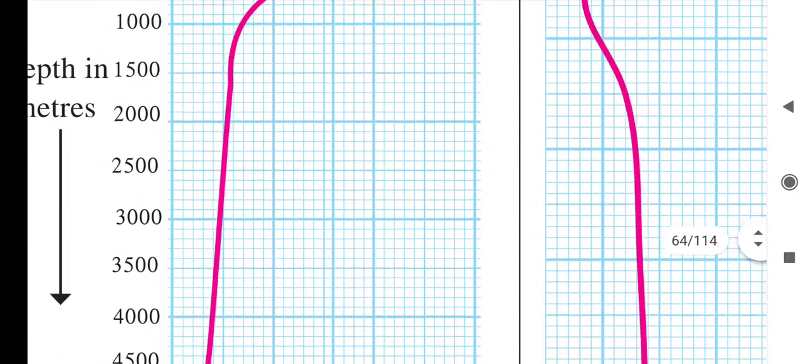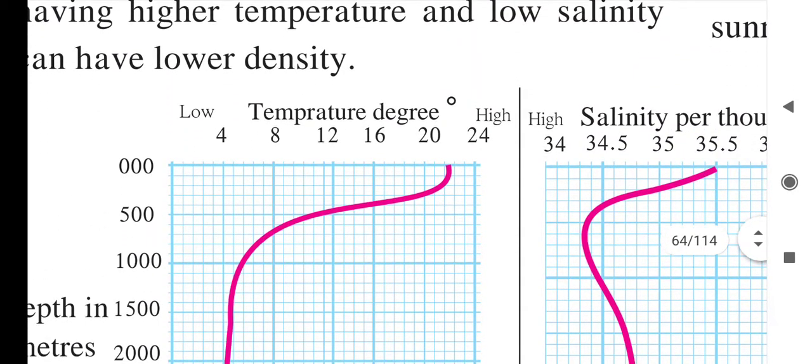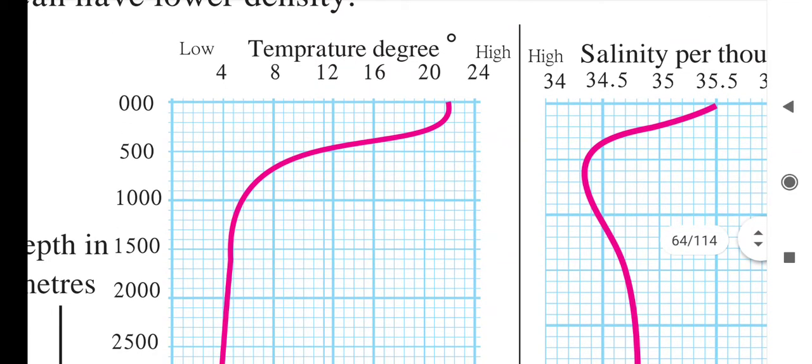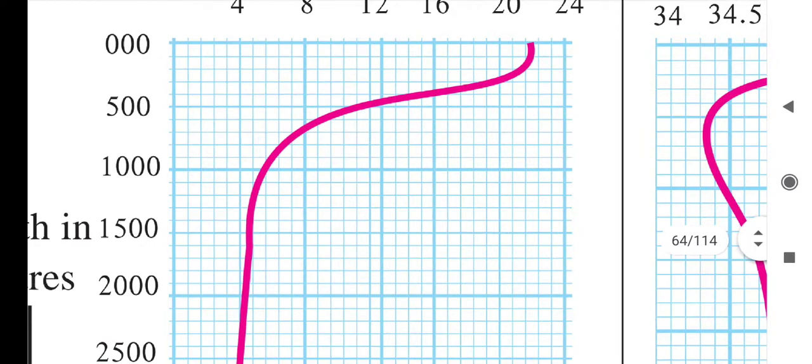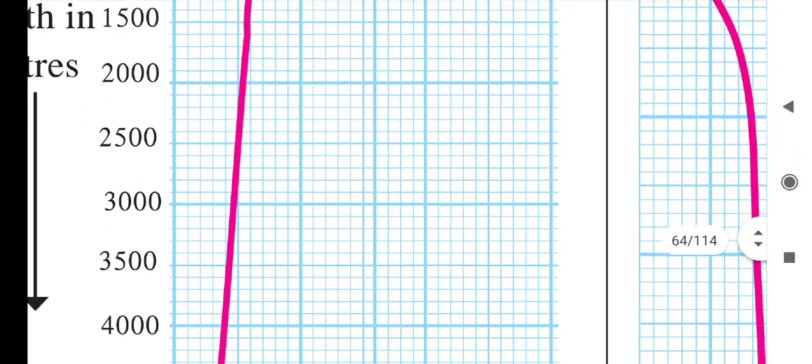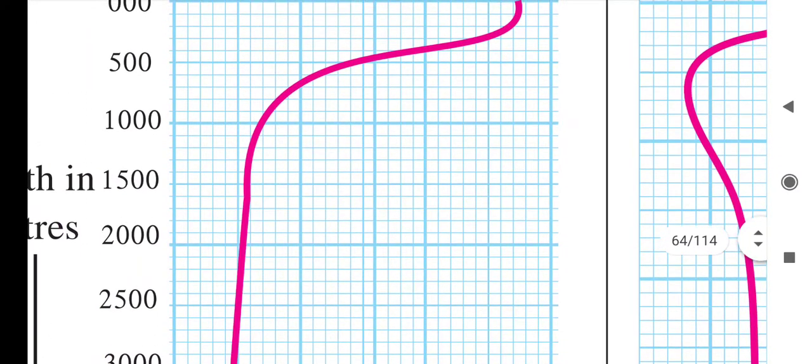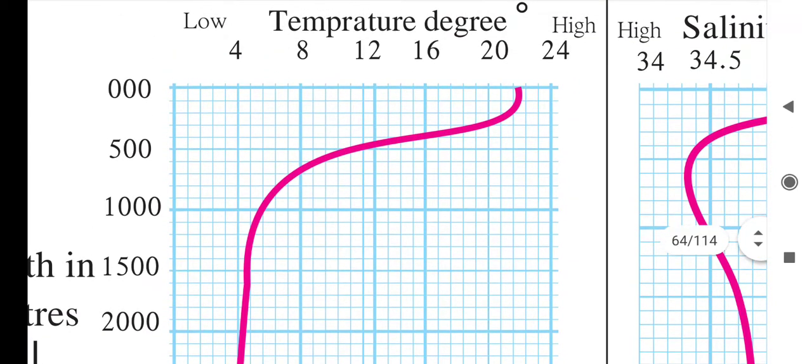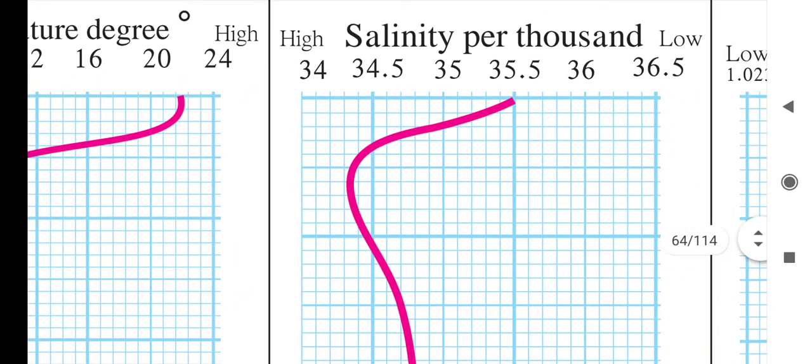So see students, here there is a high change in the depth. But as we come near 2000, we can see only minor change, whereas before 2000 we can see major changes in the temperature. Salinity is also the same; in the salinity graph you can see 35.5, 35, 34.